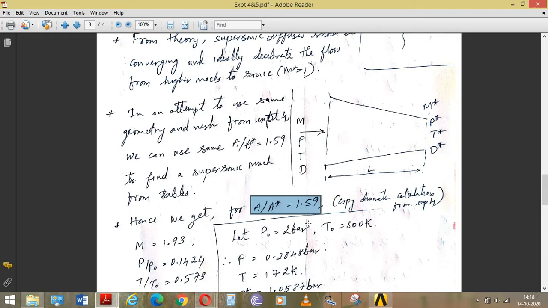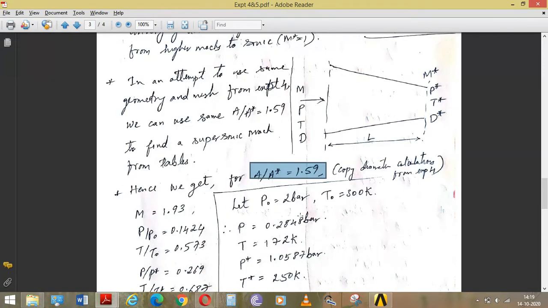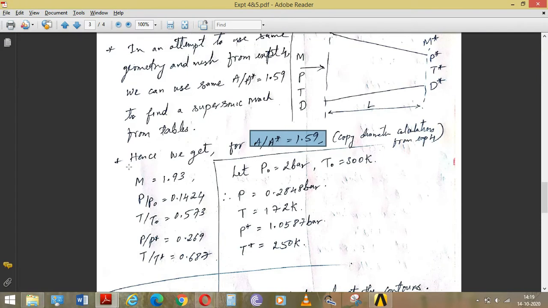So instead of doing various geometries for experiment 4 and experiment 5, I'm taking the same geometry. For the same area ratio, I am finding the supersonic Mach number in the isentropic flow tables. If you interpolate, you will find the Mach number 1.93.